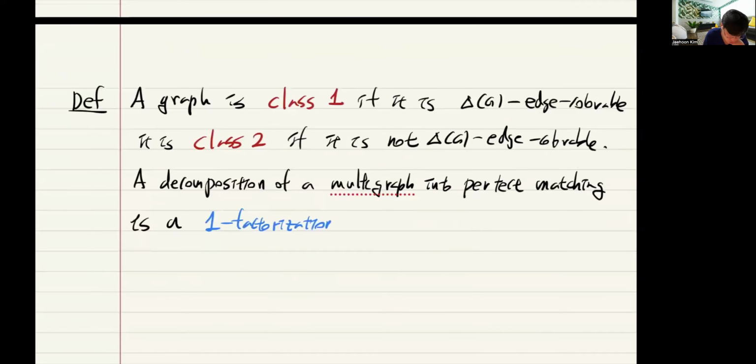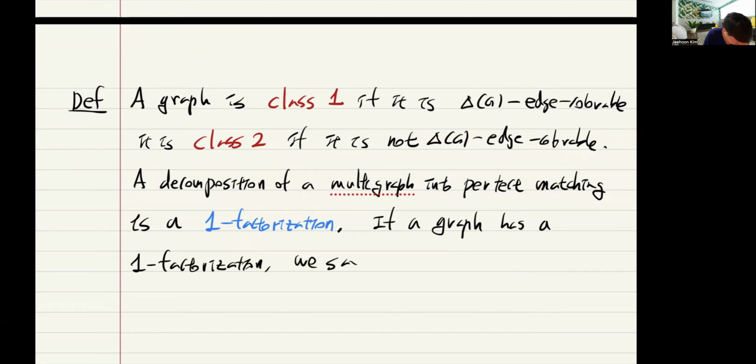So you decompose it into one-factors. And if a multigraph has a one-factorization, we say that it is one-factorable.